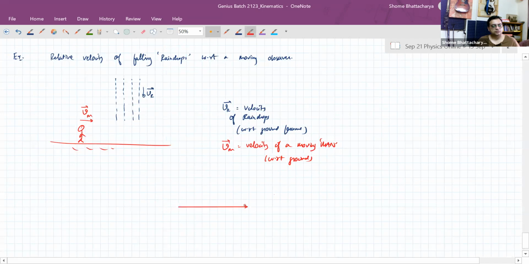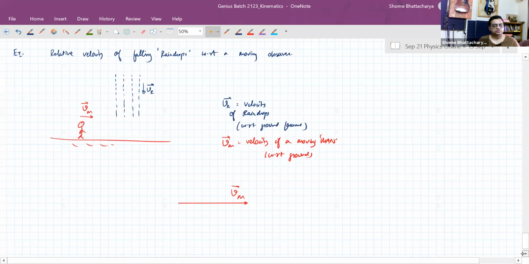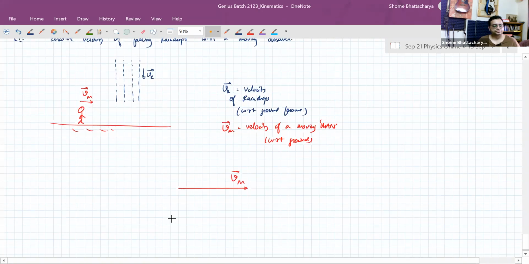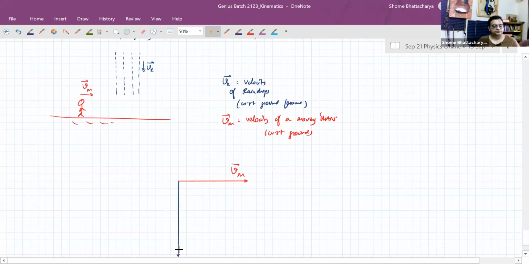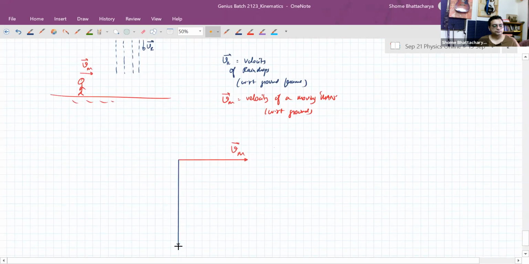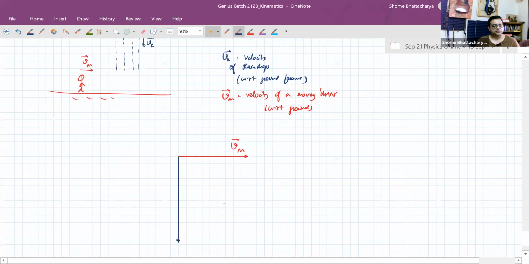So the rain's vertical velocity is like this, let's say.